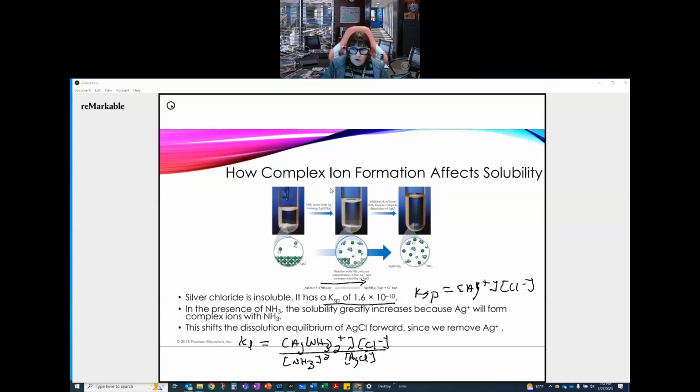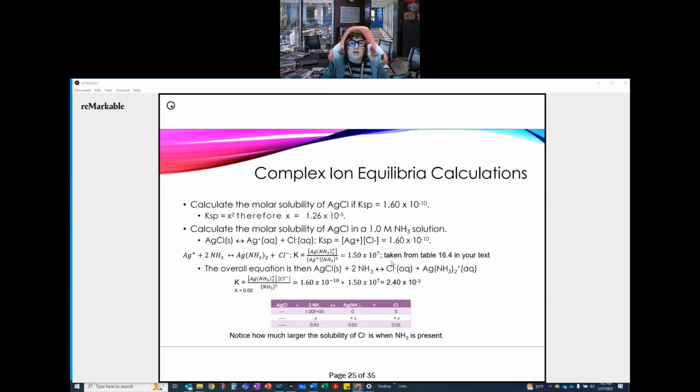All right. Now, that's really awesome. And we're able to do things that we weren't able to do previously. Complex ion equilibria gives us a way to talk about this. So we can calculate the molar solubility of AgCl using the Ksp being equal to 1.6 times 10 to the minus 10.